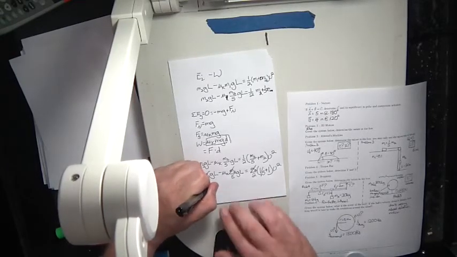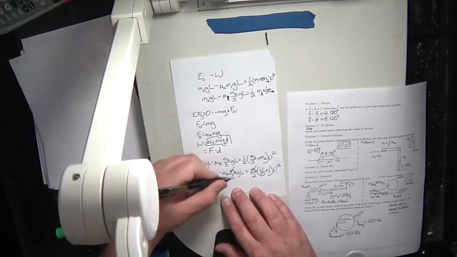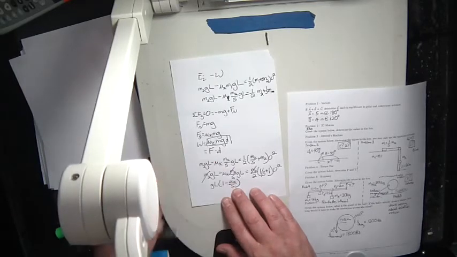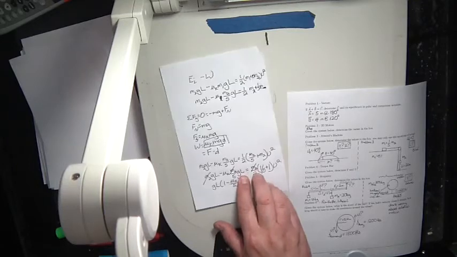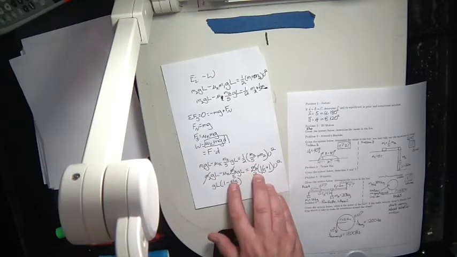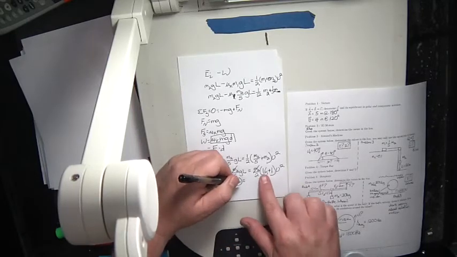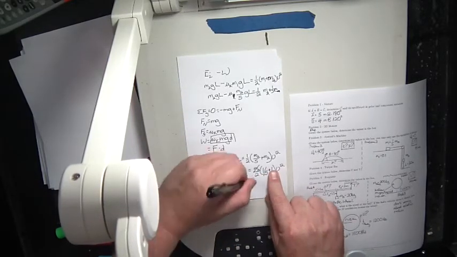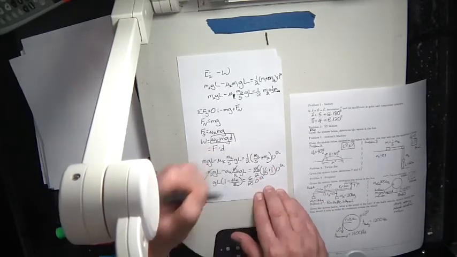So this becomes GL (1 minus mu K over 5). So the GL was factored out of this to get 1. The GL was factored out of this to get mu K over 5. And then 1/5 plus 5/5 is 6/5, or 6/10 V squared.